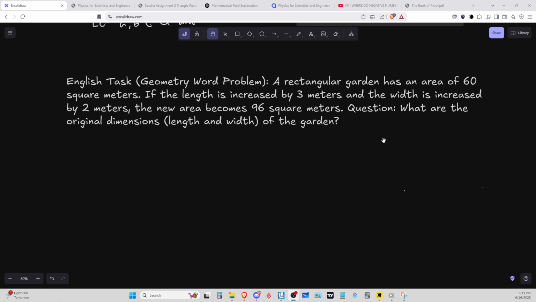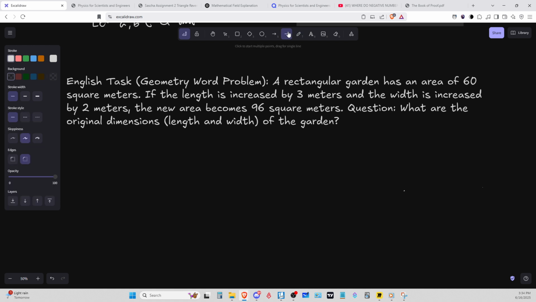So usually with geometry problems, it's good to draw a picture. So what is the issue that you're facing? What is the part that gets you stuck? Actually, we can probably draw.